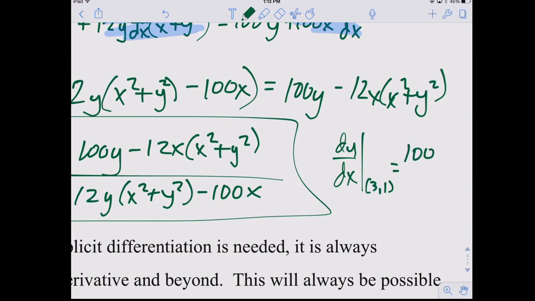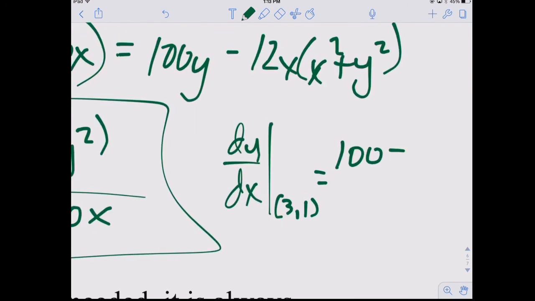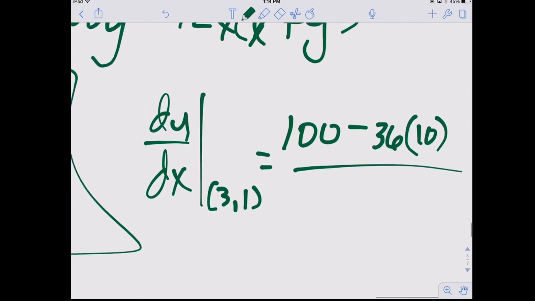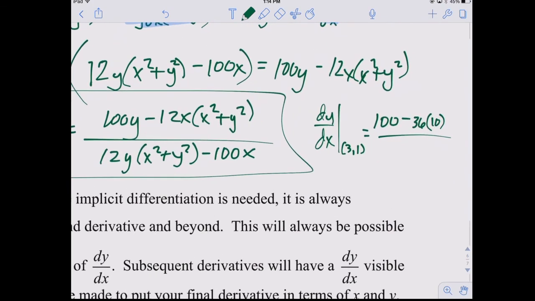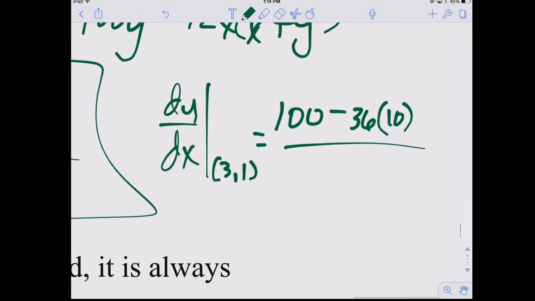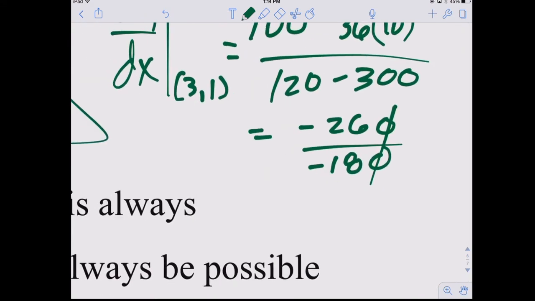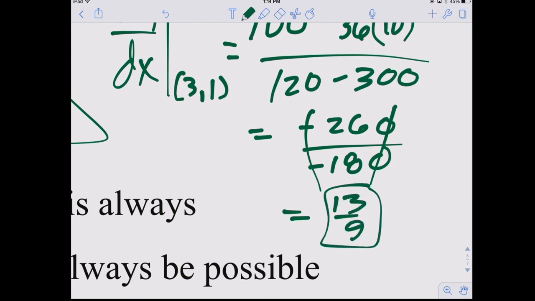Let's see, you get 100 minus 36 times 3 squared plus 1 squared is 10, all over 12 times 1 is 12 times 10 is 120 minus 300. So you get 100 minus 360, which is negative 260, over negative 20 minus 300, which is negative 180. Your zeros divide out. Your negatives divide out. 26/18 comes out to be 13/9, and there's your answer.